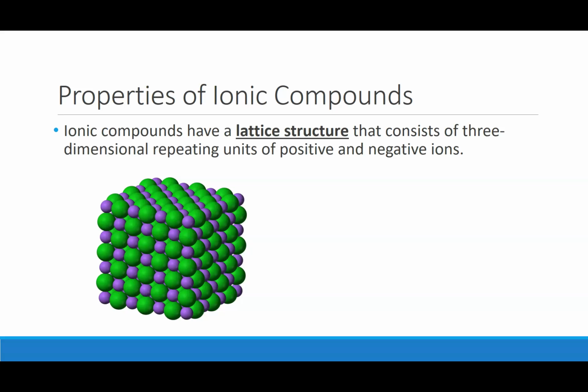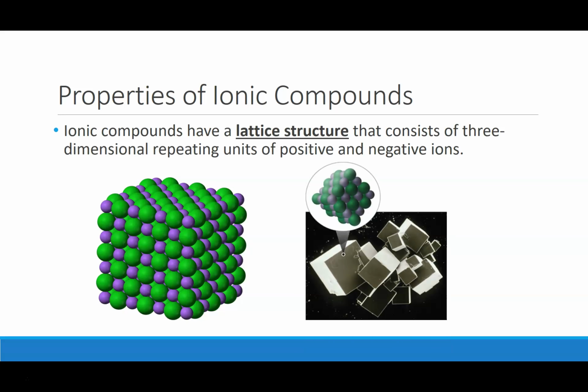The purple circles represent the sodium ions, and the green circles represent the chloride ions. Notice the repeating pattern throughout the entire crystal. That is the lattice structure of sodium chloride. Here we see a photo of salt, or sodium chloride, crystals under the microscope. The lattice structure of the ions is reflected in the cubic crystals.